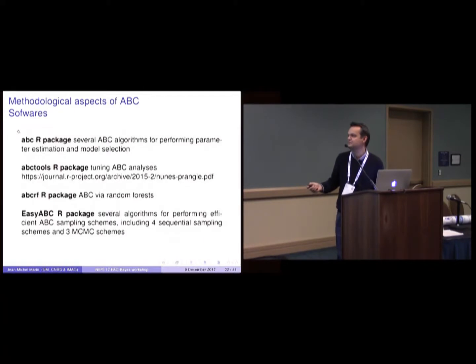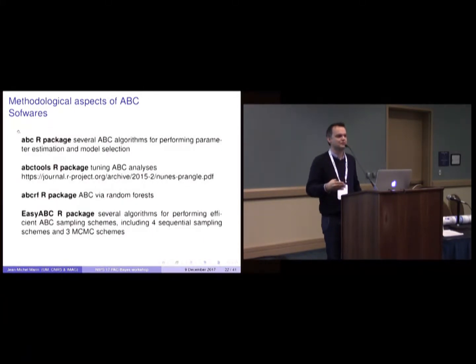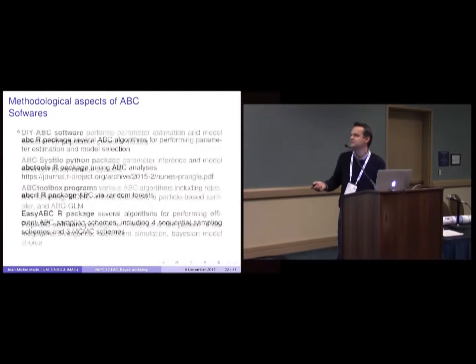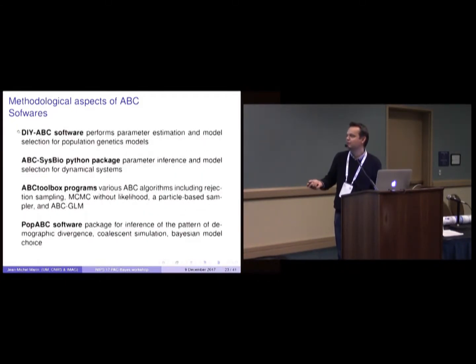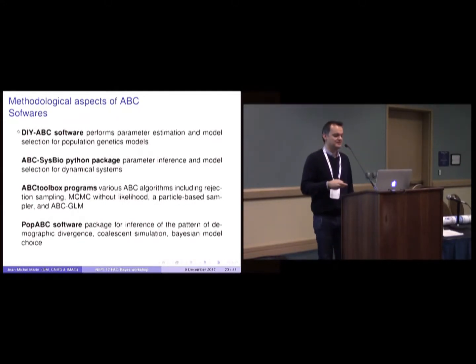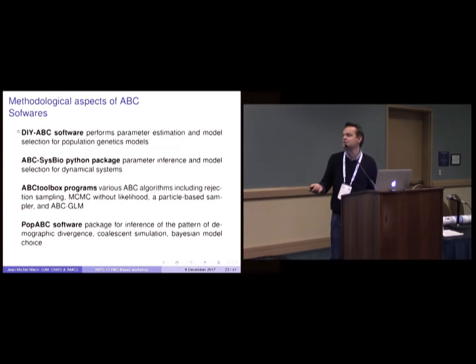With this R package, you need to have your own simulation. So you have your reference table, and you give the reference table to the package to get the ABC approximation. Within this one, you have also some simulator included, and we have developed this do-it-yourself ABC software which performs estimation and model selection for a large class of population genetics models which are based essentially on structured coalescent models here.